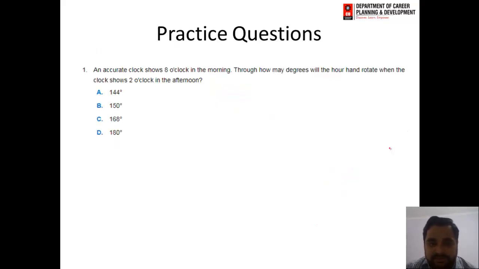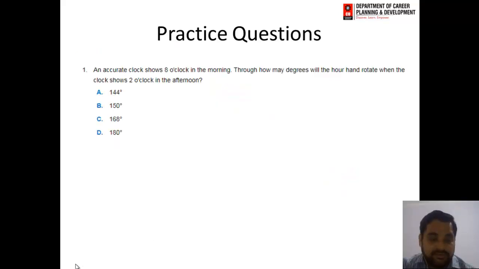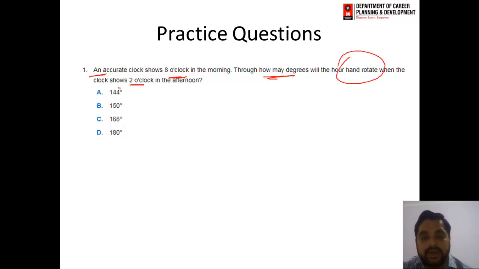Now after that we have some practice questions to do. The very first question: an inaccurate clock shows 8 o'clock in the morning; through how many degrees does the hour hand rotate when the clock shows 2 o'clock in the afternoon? So at 8 o'clock in the morning the hour hand is at 8, and at 2 o'clock in the afternoon the hour hand is at 2.